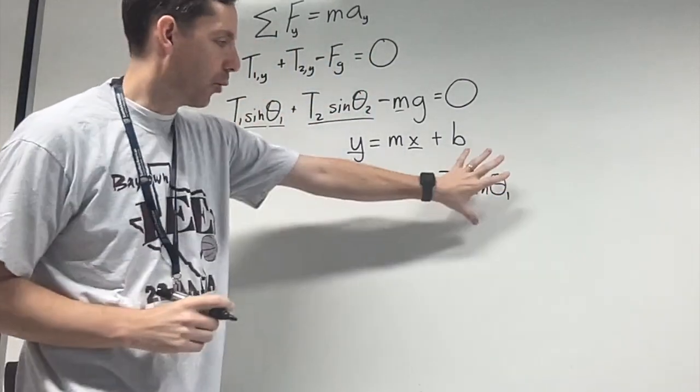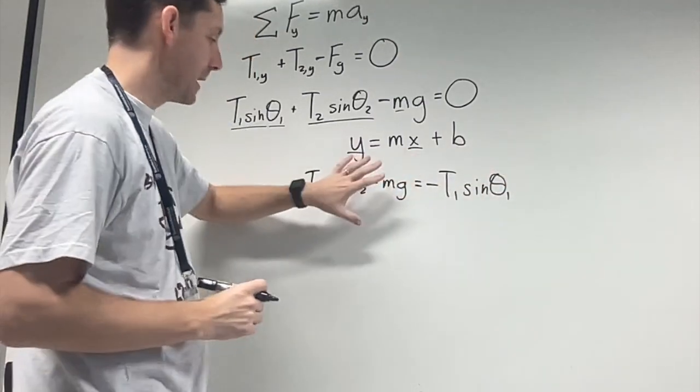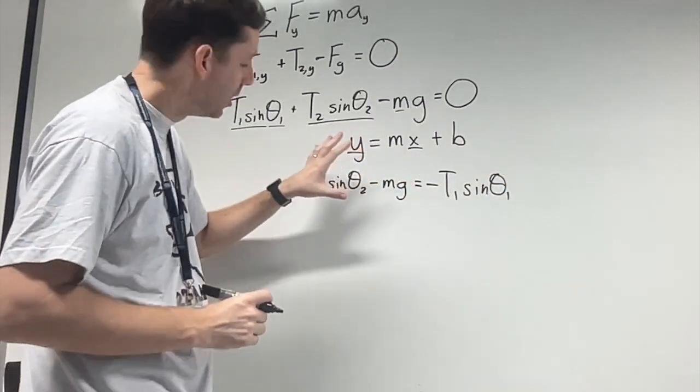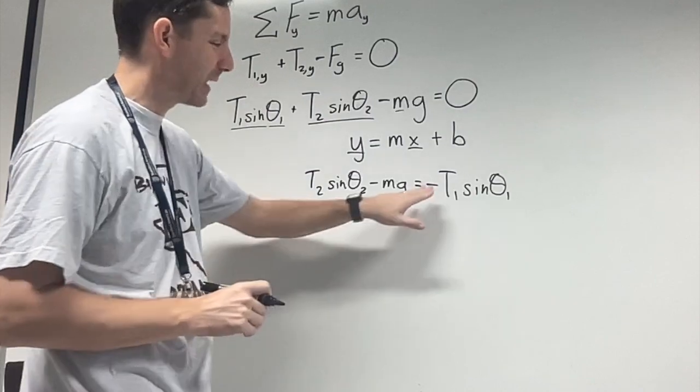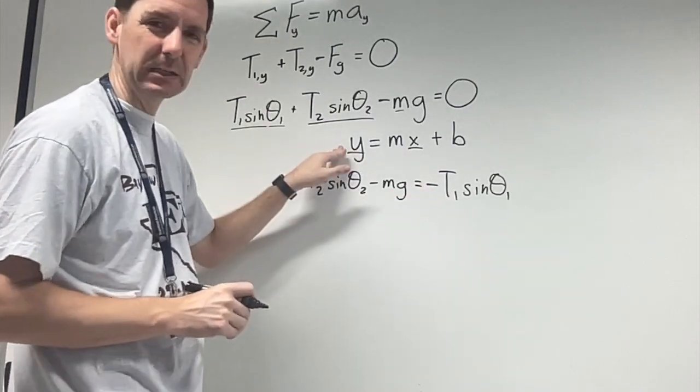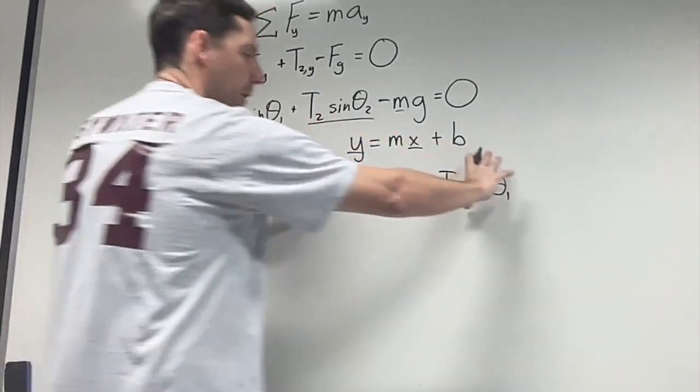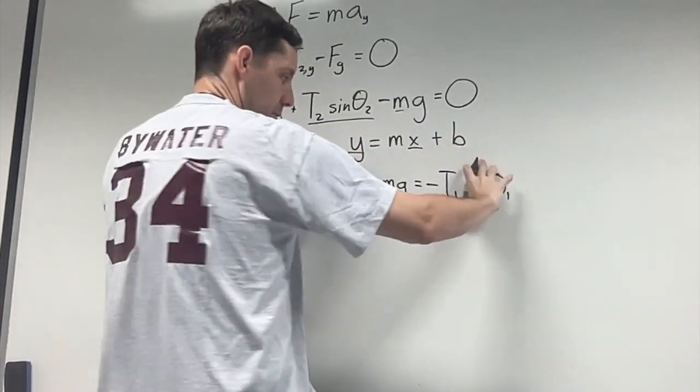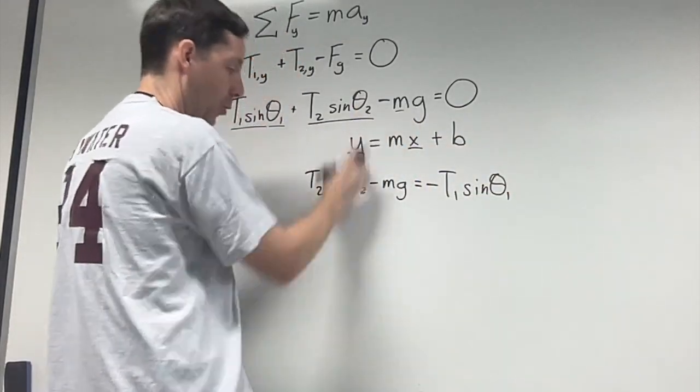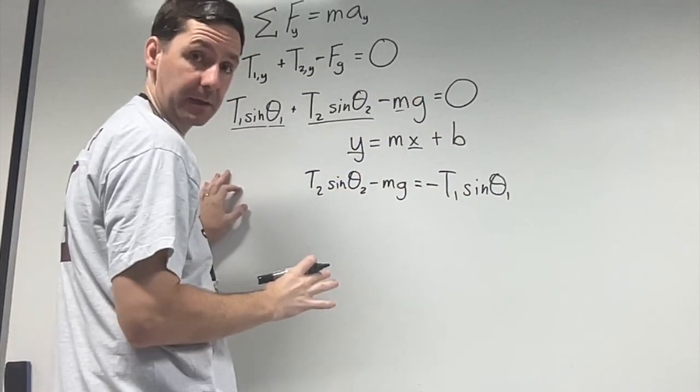Okay? So now I've got y over here and my mx plus b over here. What I would like to do though is I want this to be positive so that y is positive, and then I'm going to flip the sides so that I've got my y here and my mx plus b on the other side.